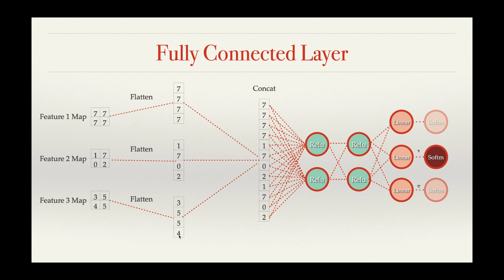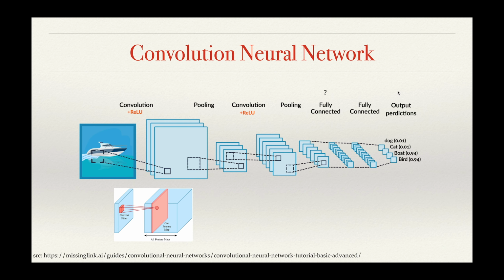Then we concatenate these vectors together to build one feature vector. Then we do the full connection. This would be the input neurons to the next fully connected hidden layers, where each neuron is connected to all the inputs. Then we might also have some hidden layers here, not a problem. Then we have the softmax at the end, where we decide whether it is a cat, dog, or whatever. So this is the fully connected part.